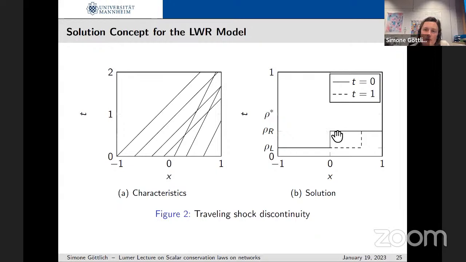So for the initial condition, t equals 0, and we see some transport of this shock with a positive velocity for the next time step, t equals 1. Going to the left again, we see the characteristics cross, and this crossing of characteristics means that there's a shock front propagating through our system.